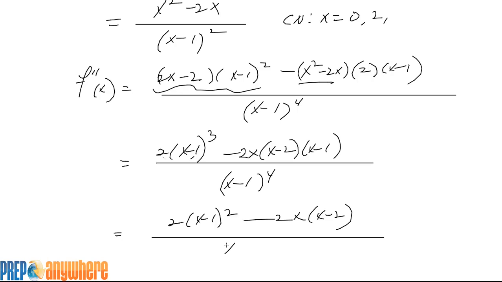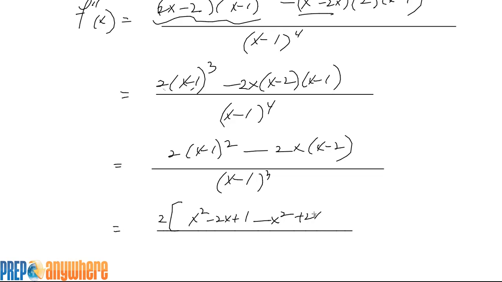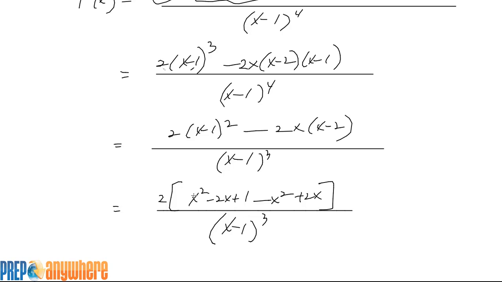What is this? Factor out the 2: x² - 2x + 1 - x² + 2x. Let me know if I'm making a mistake. Gone.